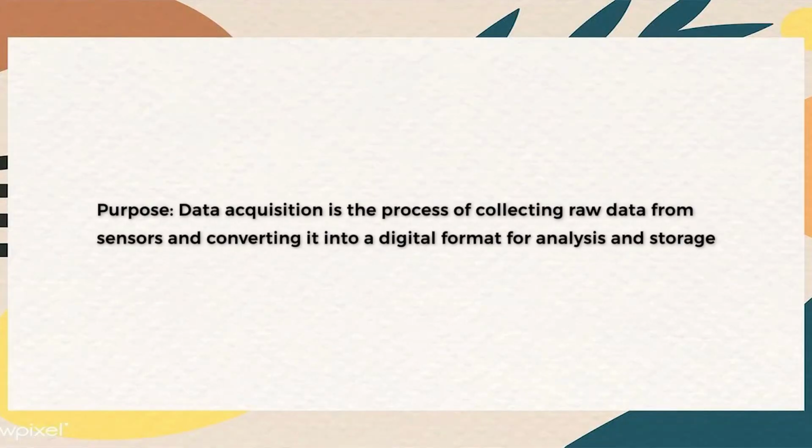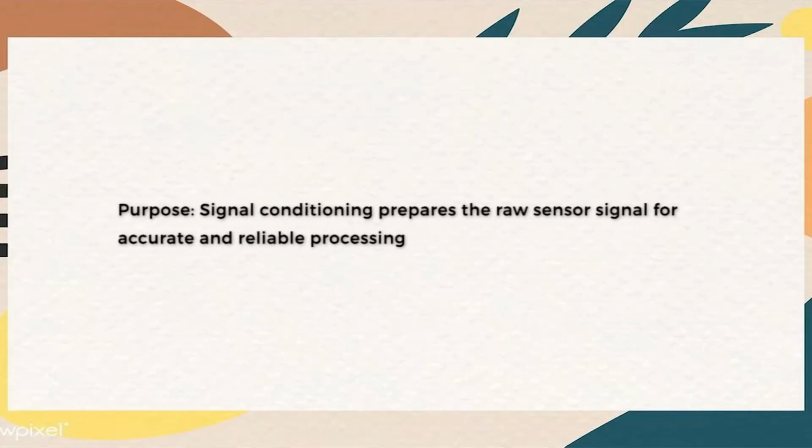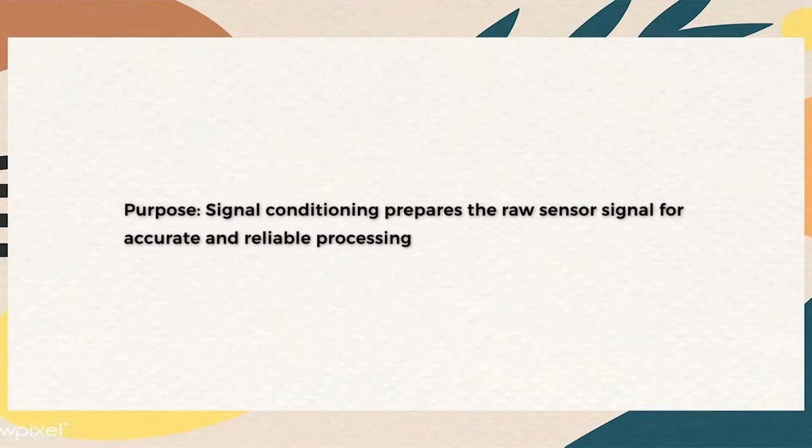Data acquisition is the process of collecting raw data from sensors and converting it into a digital format for analysis and storage. Second is signal conditioning. Signal conditioning prepares the raw sensor signal for accurate and reliable processing.